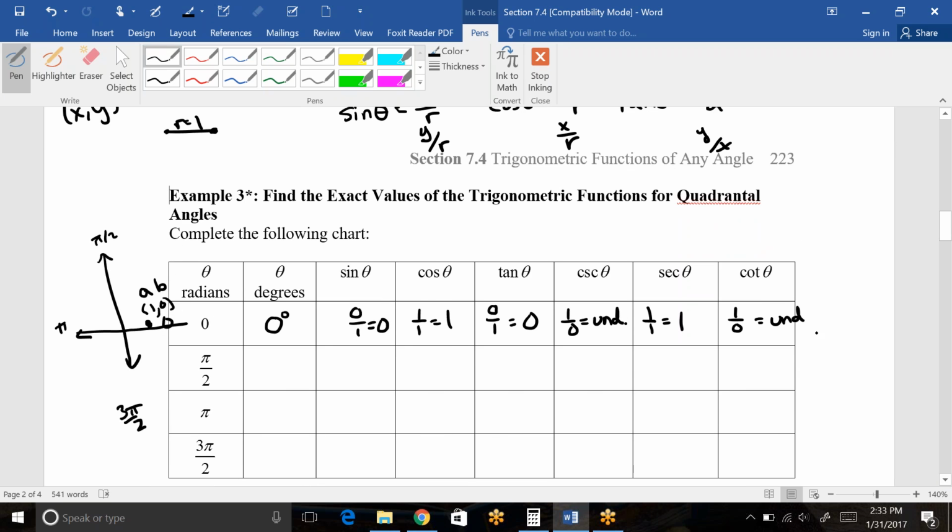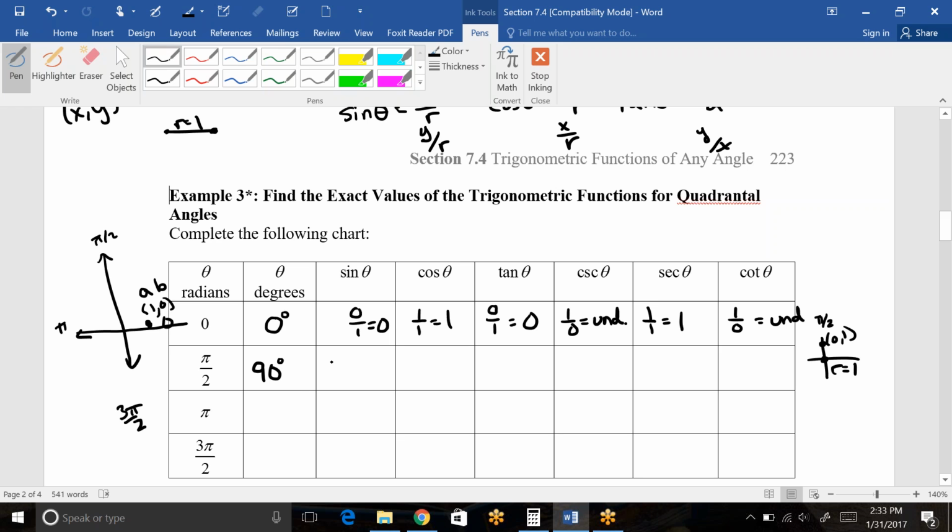Okay, so let's talk about pi over 2 for a second. Pi over 2 is pretty much on the y-axis going up. Any point here would be a 0 and then a number, so to make it easy, make it 0, 1. By the way, this is 90 degrees. So sine of 90 degrees, or pi over 2, is y over r. This again still has a radius of 1 because that's the length from 0, 0 to this point.